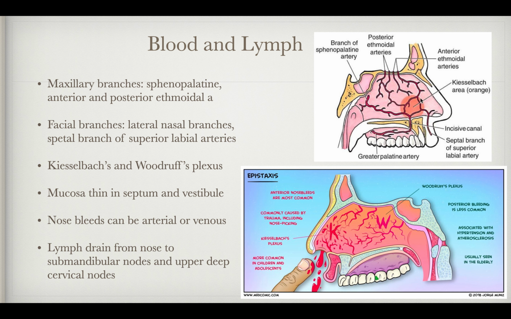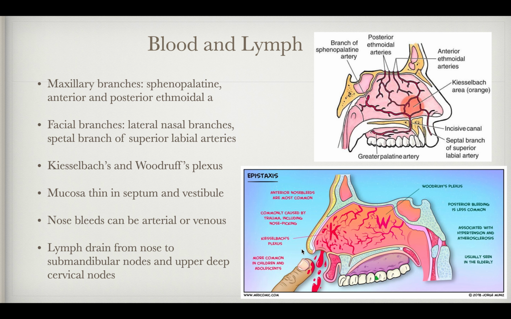And then in the back, in Woodruff's plexus, it's going to be the posterior ethmoid and the sphenopalatine anastomosis. And the mucosa in the entire nasal cavity is going to be very thin, particularly thin in the septum and the vestibule because odor molecules still need to get through in order to attach.